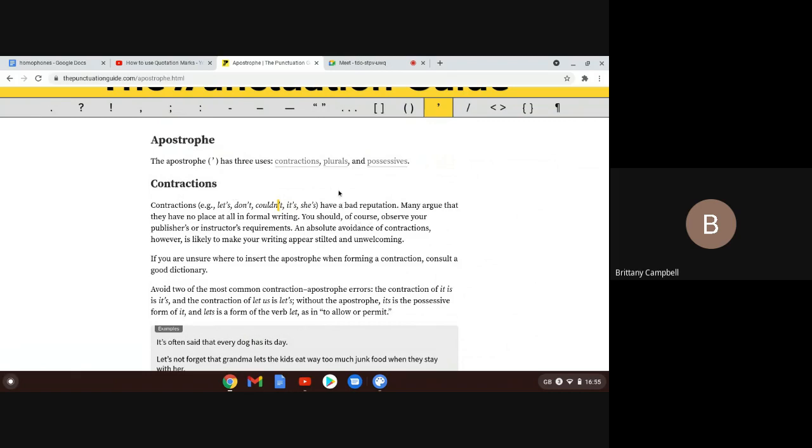Now, it has been stated that in formal writing, we should not use the apostrophe. It is said that it's not appropriate for us to do so.